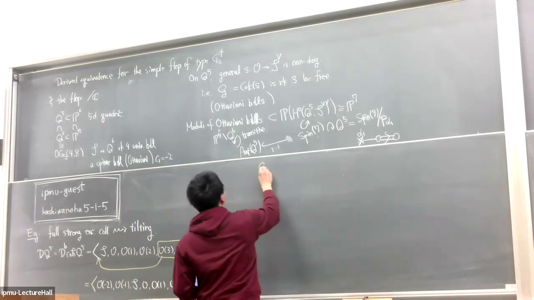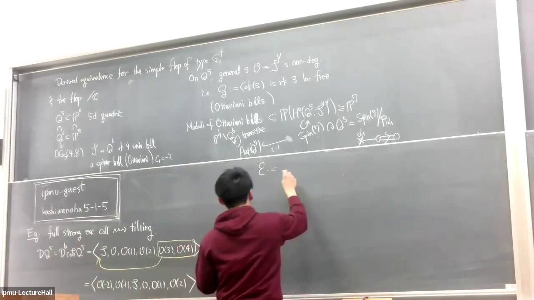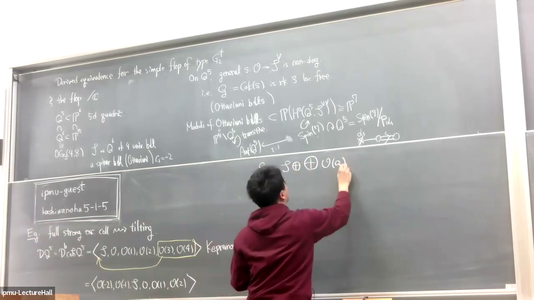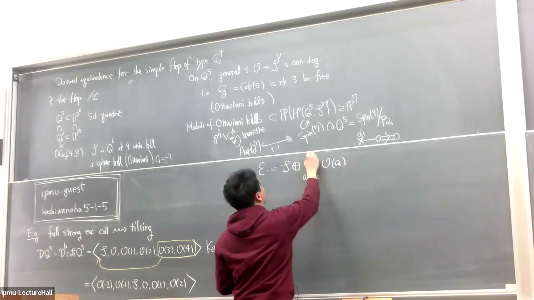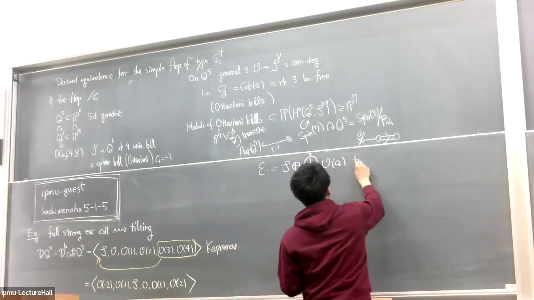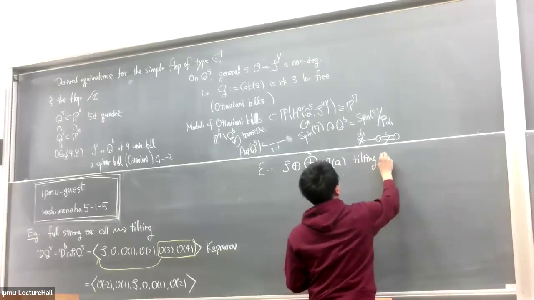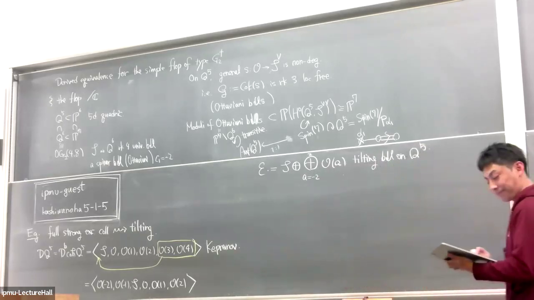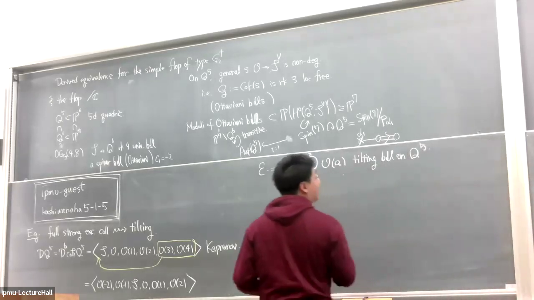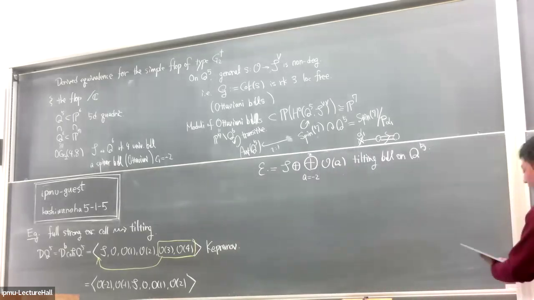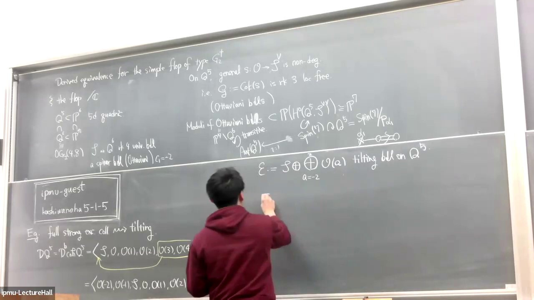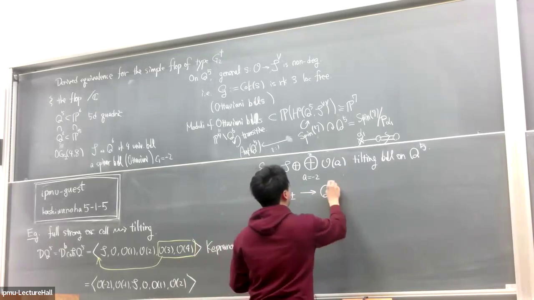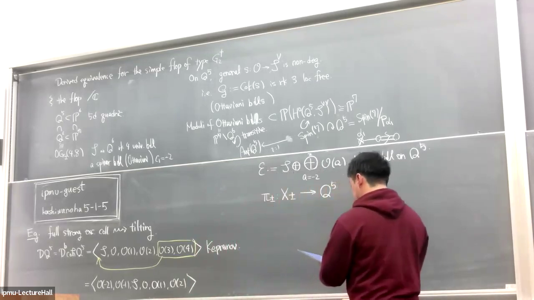And if you consider the direct sum of S and line bundles O(a), where a runs from -2 to 2, then this is a tilting bundle on this configuration. And for that, X minus and X plus have natural projections.